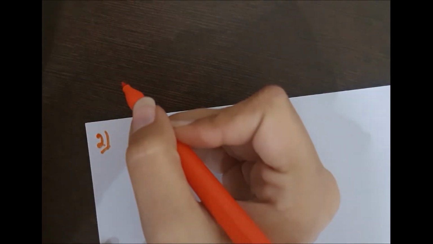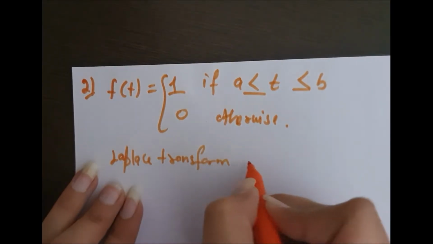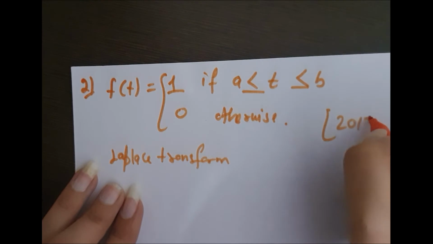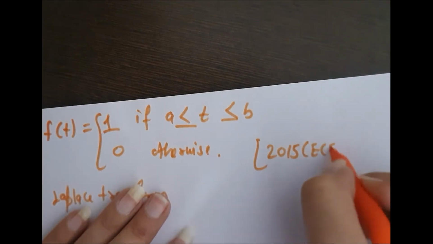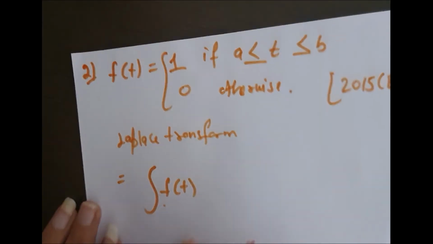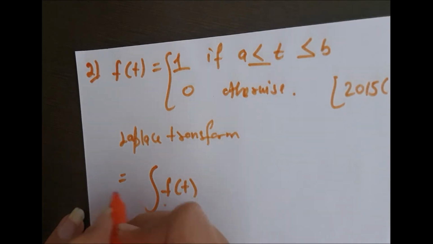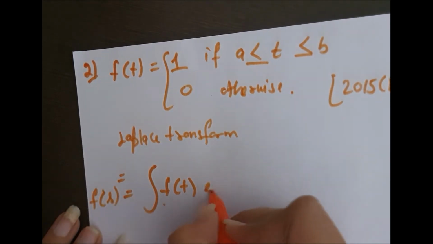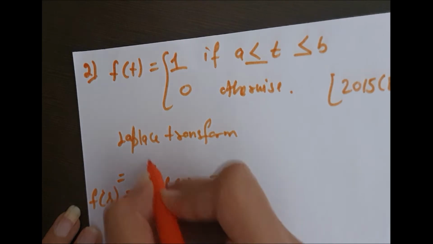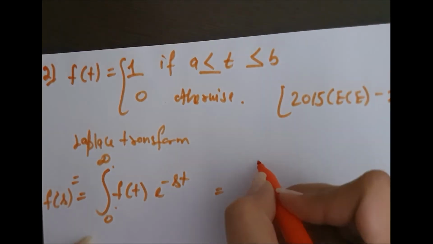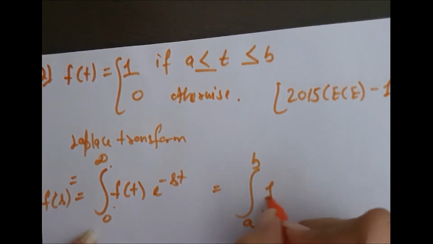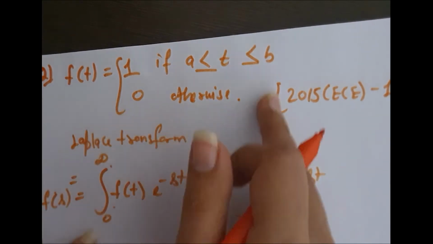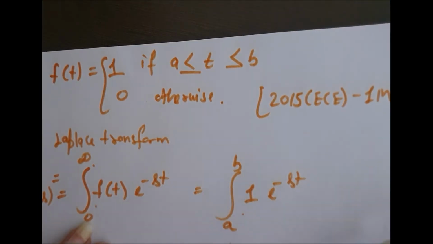Second question. We have to find the Laplace transform of this function. This is a 2015 ECE 1 mark question. So how do we find the Laplace transform of a function? It is the integral of f(t) exponential minus st from 0 to infinity. Here we have to integrate from a to b, 1 exponential minus st, and this is 0 otherwise, so we don't need to write it.